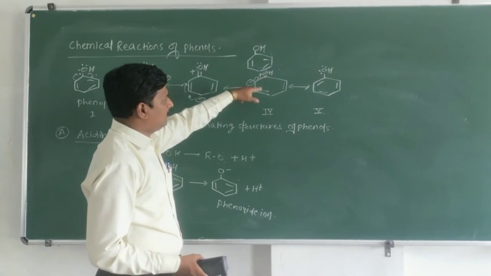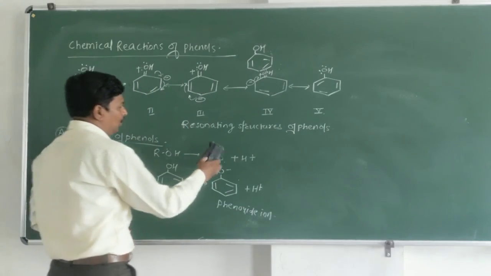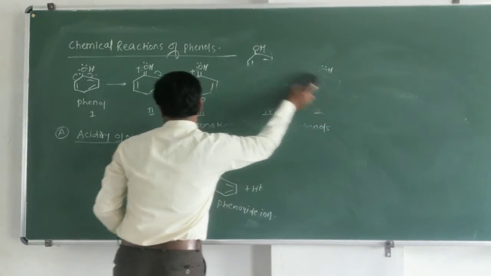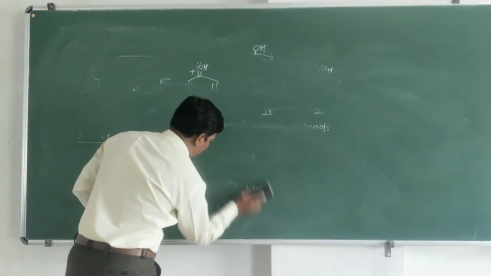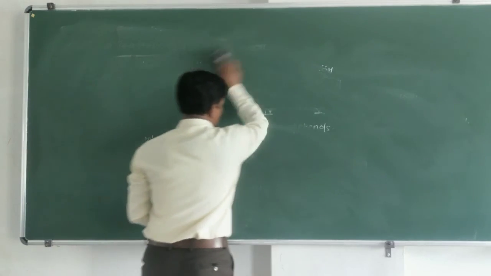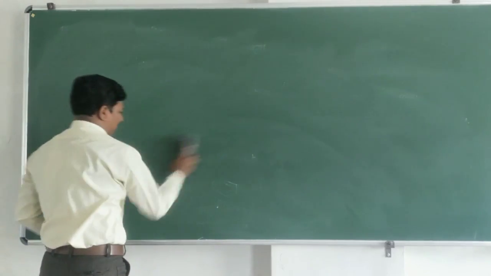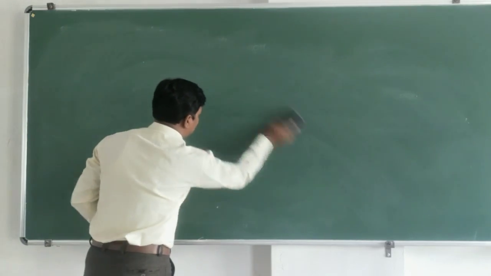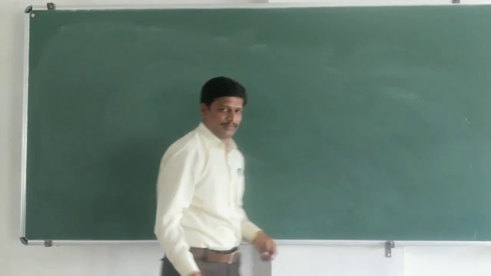And why are the reactions aromatic? Because phenol contains the OH group and the aromatic ring. Therefore, in phenols the reactions are electrophilic aromatic substitution reactions. So our next reaction of the phenol is the electrophilic aromatic substitution.